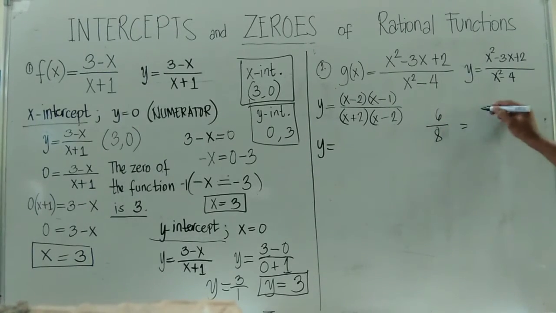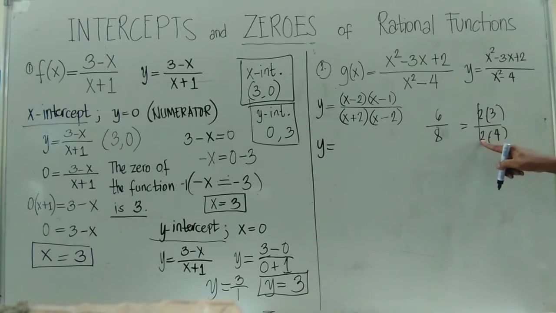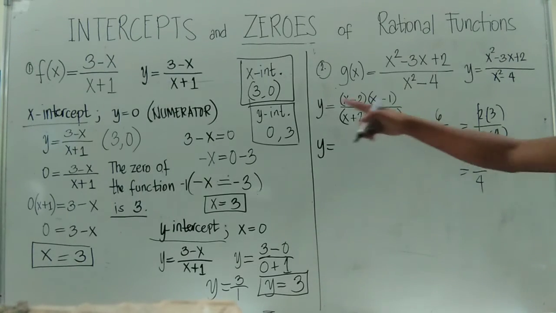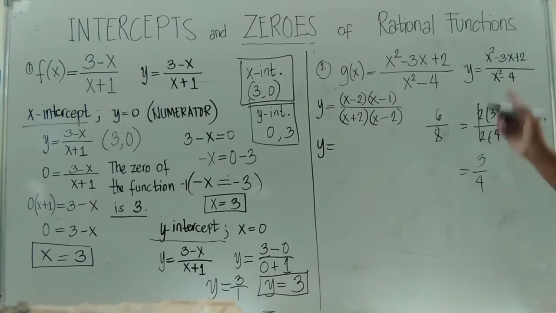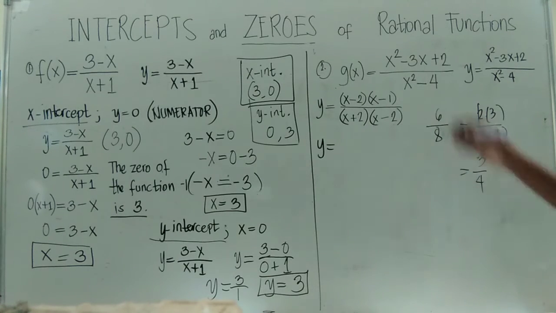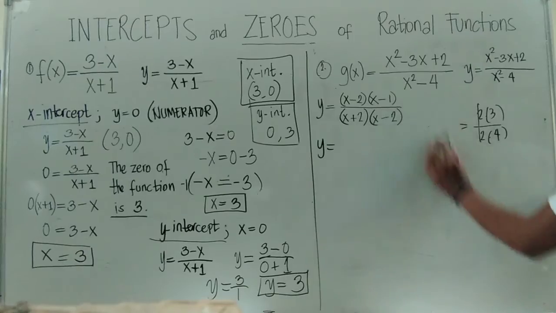In factored form, you have 2 times 3 and 2 times 4. 2 divided by 2 is 1, or it will be eliminated, so you have 3/4. Just like this one, we are simplifying your rational function or your fraction into the simplest or lowest term. Okay, so let's go back.